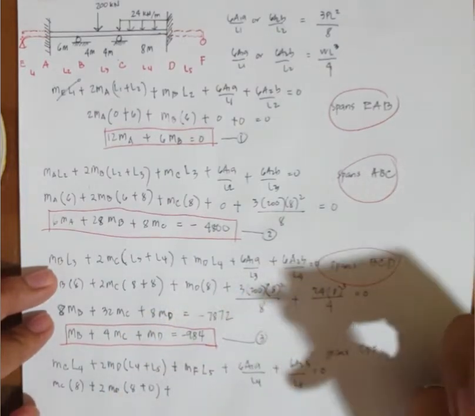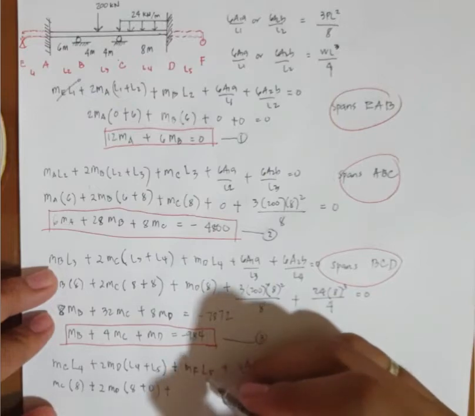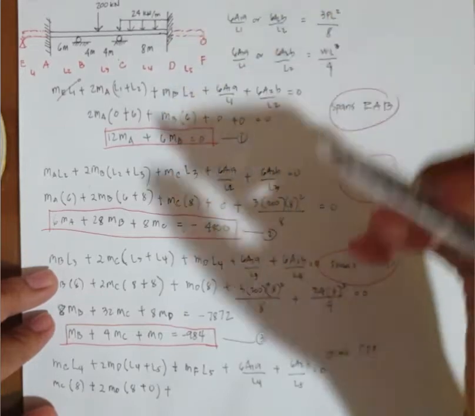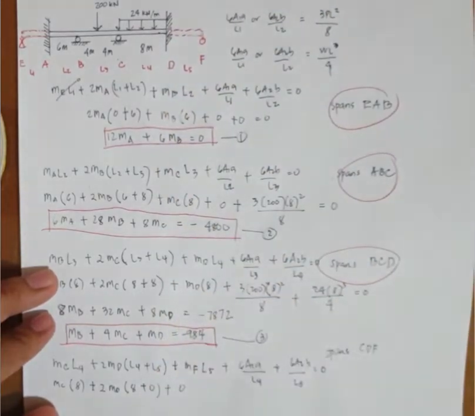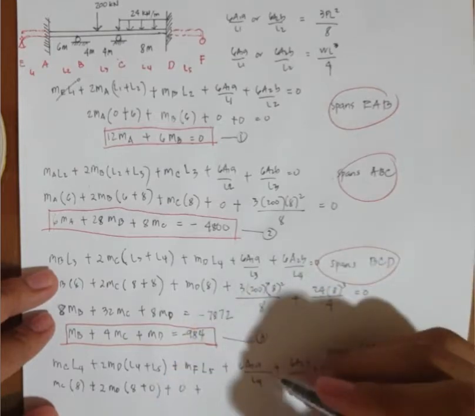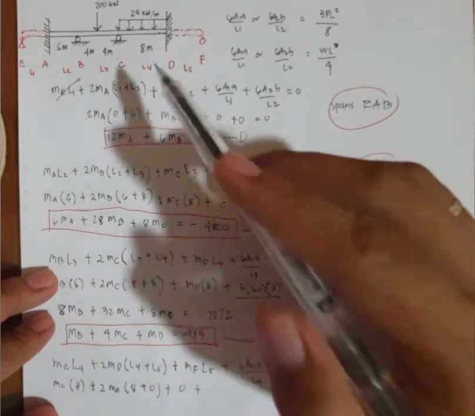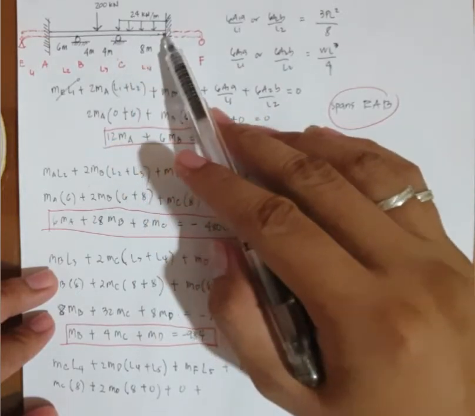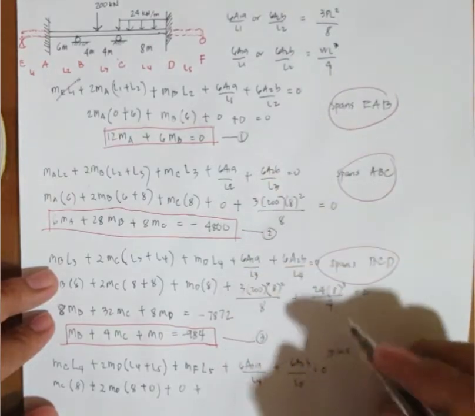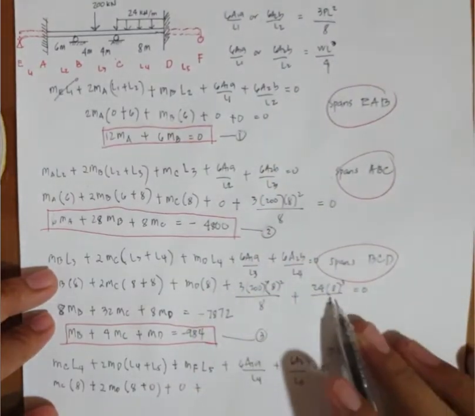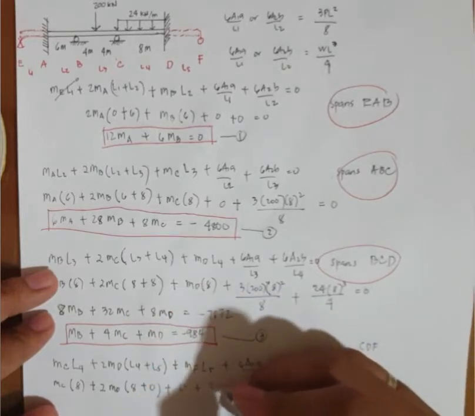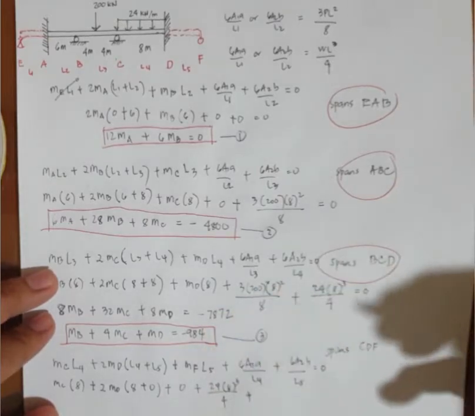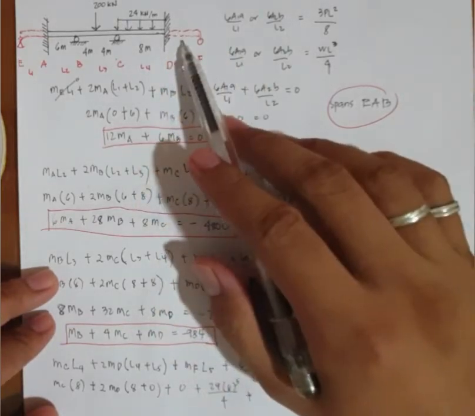Plus MF L5, we no longer write it since there is no moment there, so it is 0. Plus 6A1A over L4, for this length L4, that is WL cubed over 4, plus 6A2B over L5 for this span, 0.